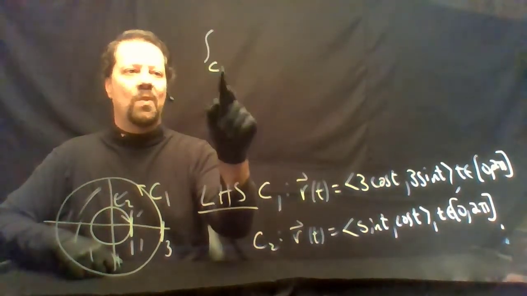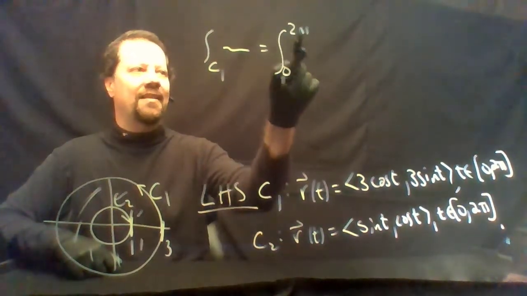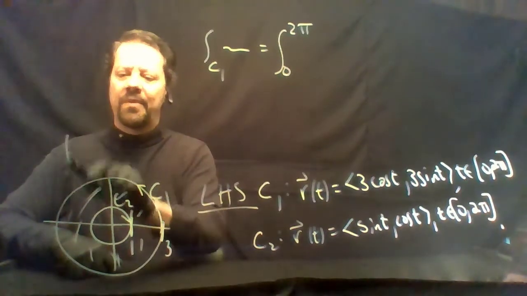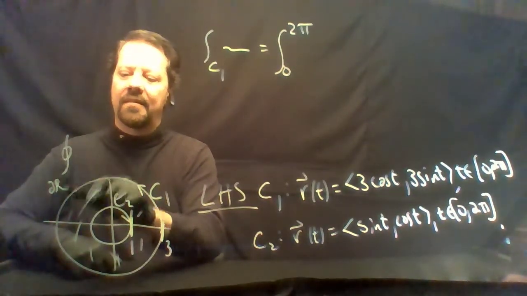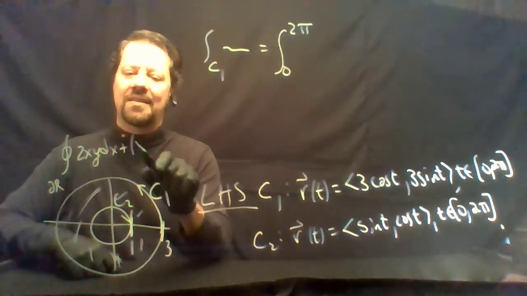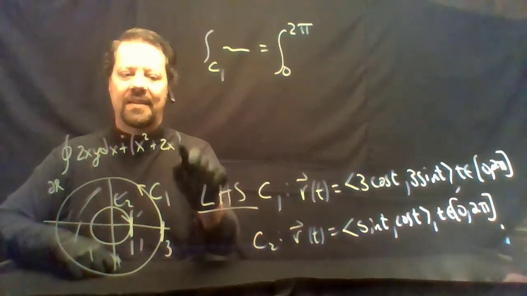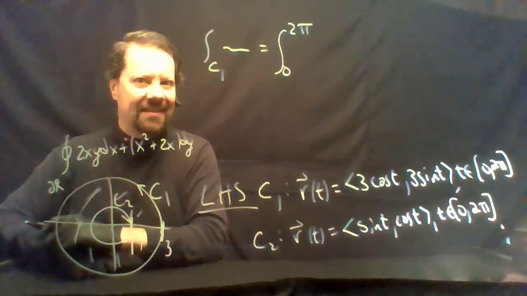The integral on C1 will be the integral from 0 to 2 pi. Remember, we were integrating 2xy dx plus x squared plus 2x dy.